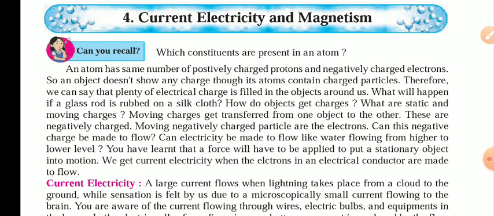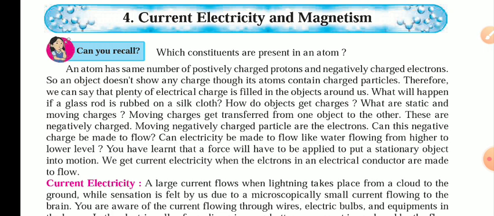Another concept which we are going to learn in this topic is magnetism. Today we are just going to discuss current electricity and the various terms associated with it. Magnetism we will discuss in a later part.